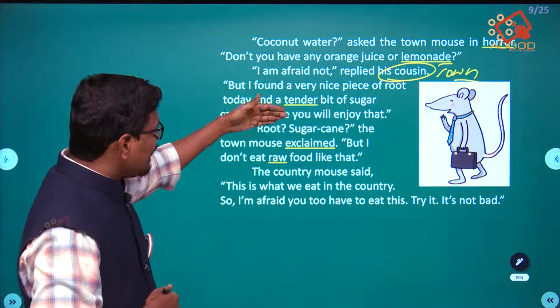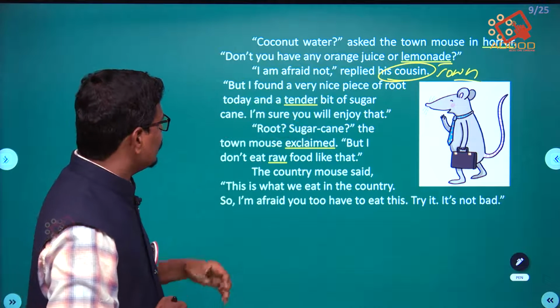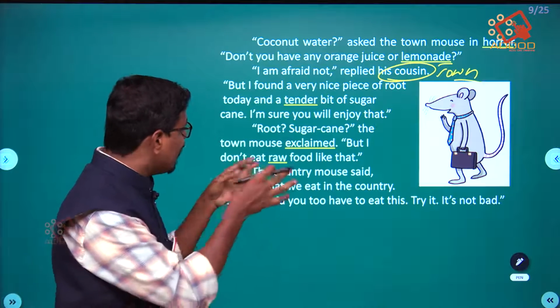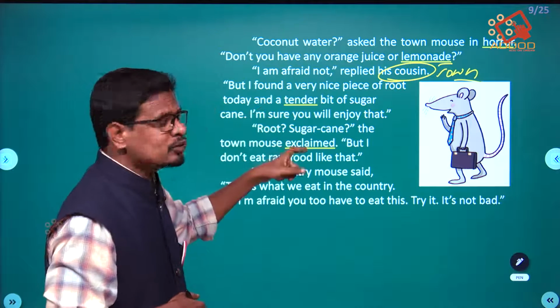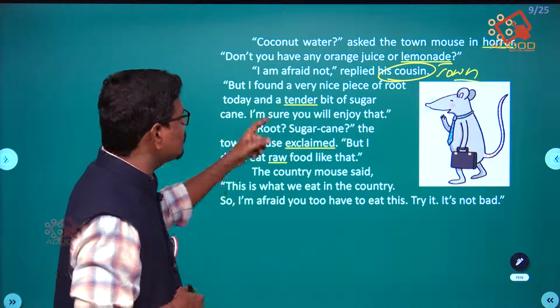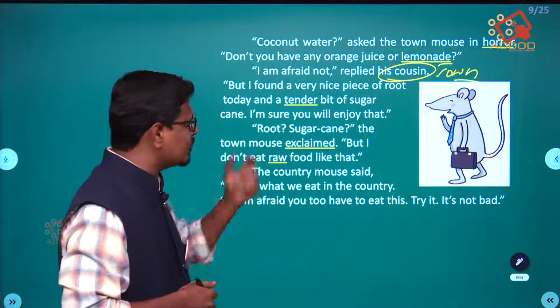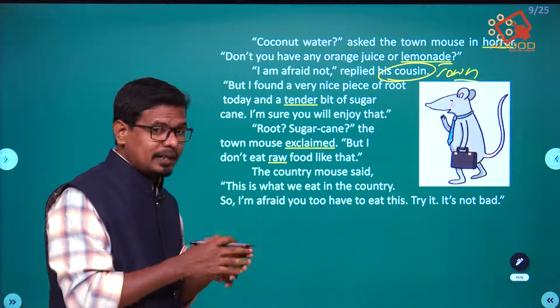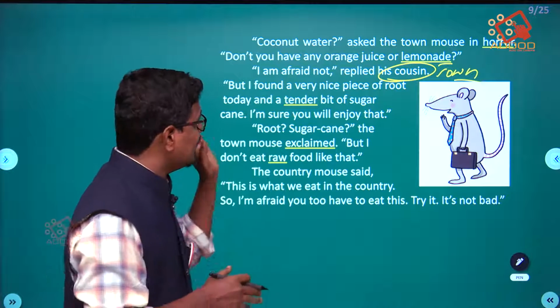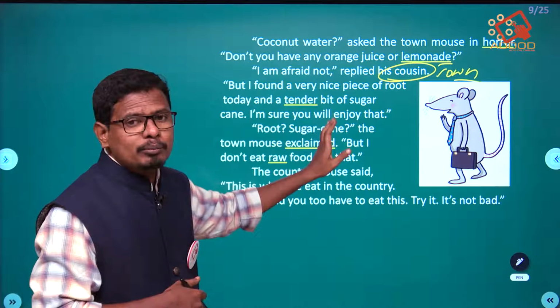So here the reply from the country mouse was that it had found a very nice piece of root that day when the town mouse arrived, and a tender bit of sugar cane.